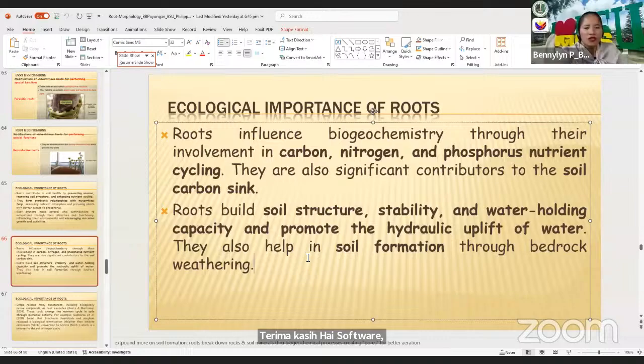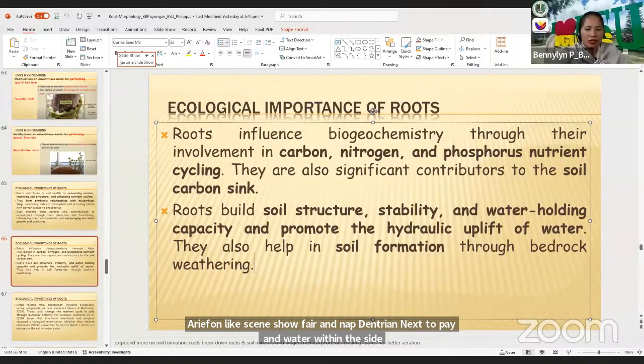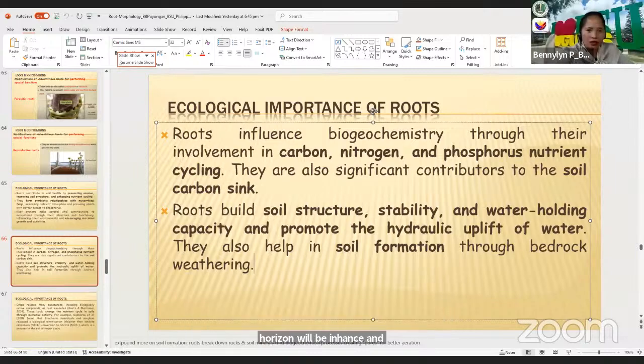For the soil formation, the roots penetrate within the soil horizon, creating pores for aeration, so the exchange of air and the entry and exit of air and water within the soil horizon will be enhanced. And of course, it will aid in soil formation as one of the factors that enhance the development of the soil.